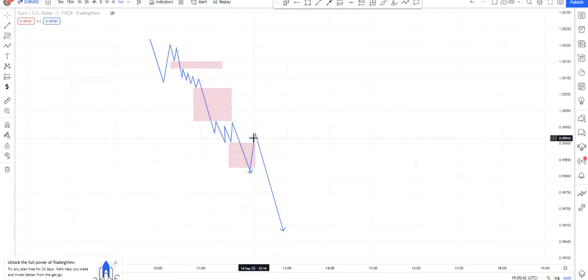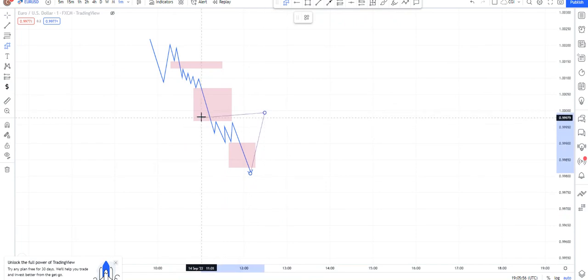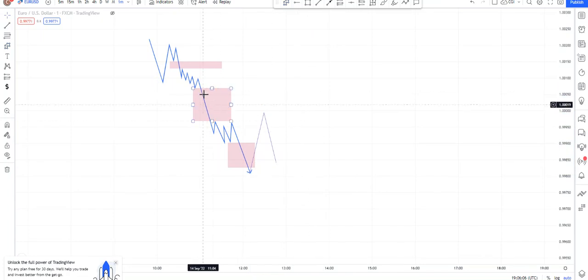The only time that the other imbalances will become useful is when we have a BMS to the upside. So when we break into the imbalance area and we have a pullback, in this case these imbalances will become useful, will become salient.